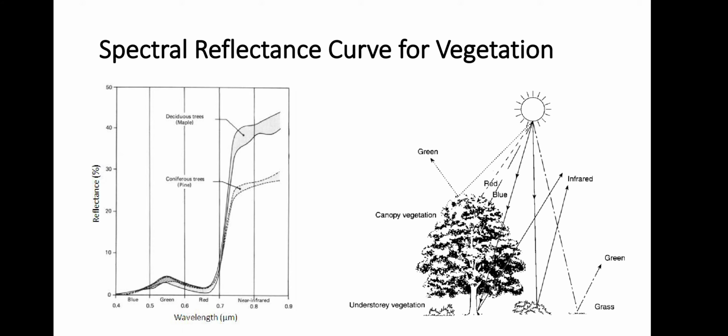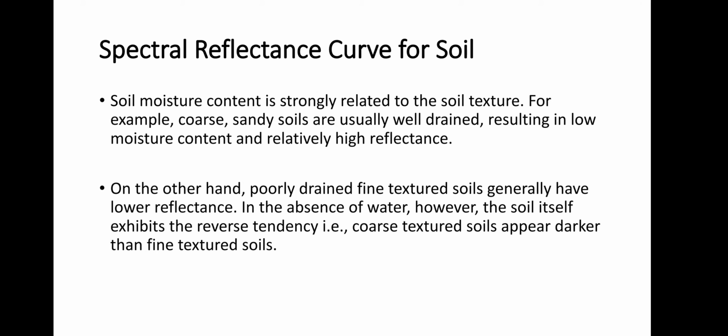So next, moving to the spectral reflectance of soil. Some of the factors which affect the soil reflectance are moisture content, soil texture, that is the proportion of silt, sand and clay, the surface roughness, the presence of iron oxide and organic matter content.